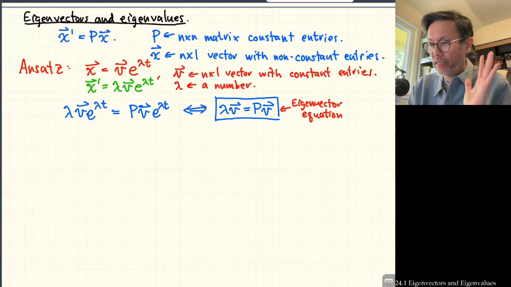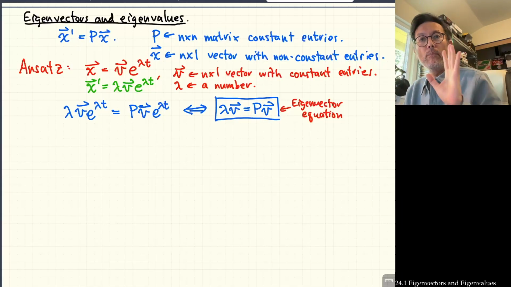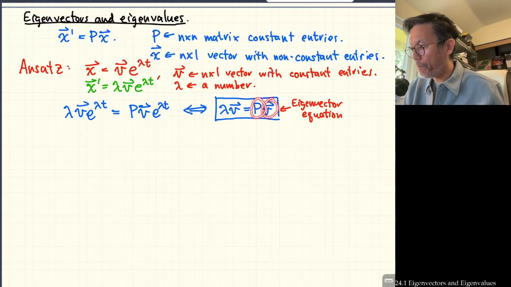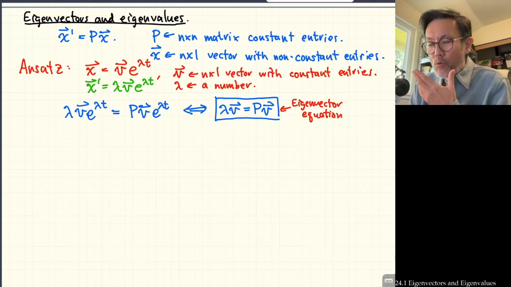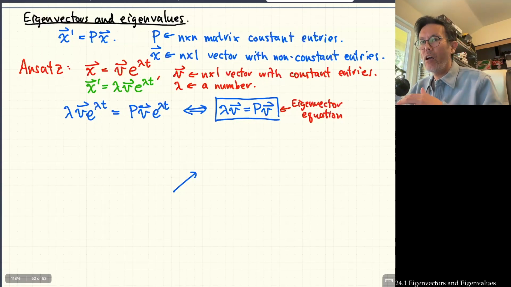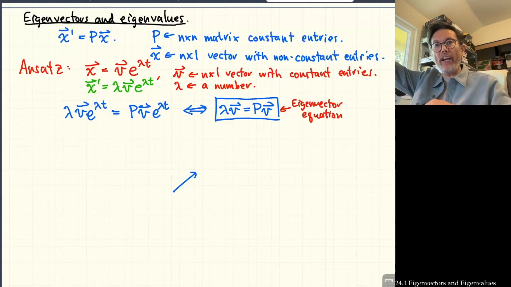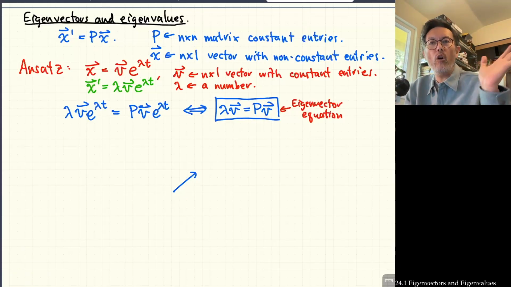Very important, don't sleep on this. So P, don't forget, is an n by n matrix, and we're going to multiply v by P. Now, in general, when you have a vector v and you hit it by a matrix P, anything can happen. That vector could rotate, it could stretch, it could flip around, it could do so many different things.